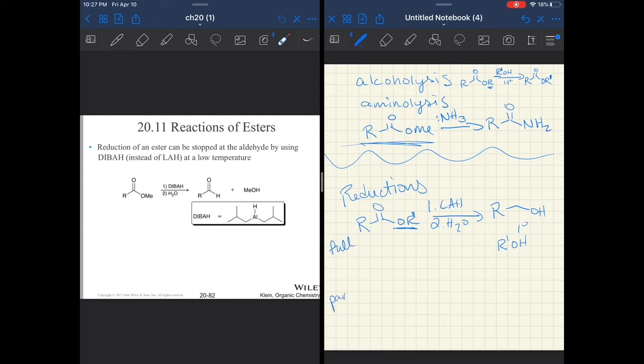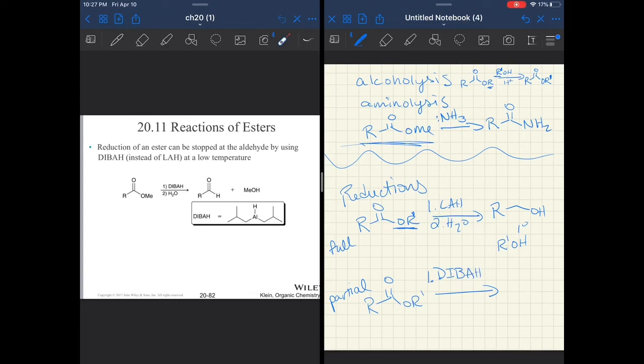Your partial reduction is very similar to what we saw with acid halides, but it's with a slightly different reagent. It's still going to be a substituted aluminum compound, it's just not a lithium aluminum compound. And this is called DIBAL, or DIBAH.